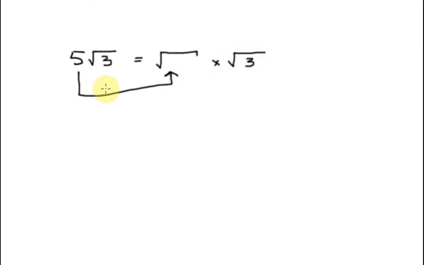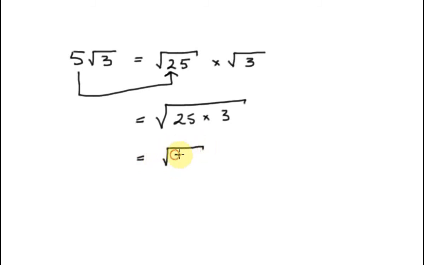Well, the 5 was actually the square root of 25. Now that I've written it as a radical, it's easy to put them together under one roof, where I have 25 times 3, and here's my entire radical, square root of 75.